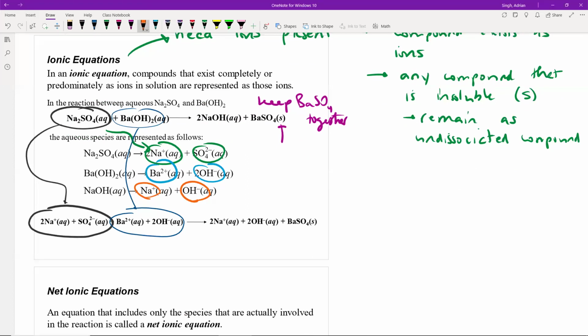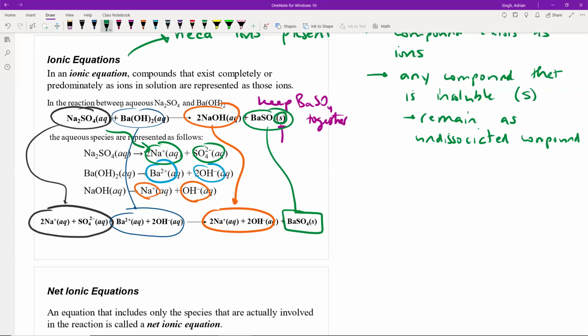The sodium hydroxide is made up of two sodiums and two hydroxides. And then the barium sulfate, well, that's a solid. Okay, we're going to keep that together. That is not going to break into ions. We're going to keep that as it is. So identifying the ions is critical to doing this. When you write that out, this is called a complete ionic equation.